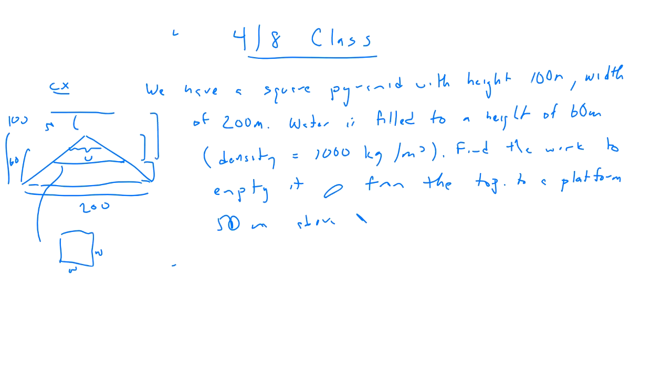So ignore this one, we don't need that one. So there are two distances we care about. The original one I talked about is the height of this small triangle, and that second line is the distance from the line to the platform. So those are the two distances we care about.